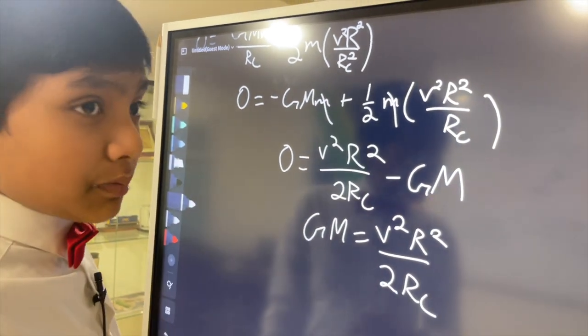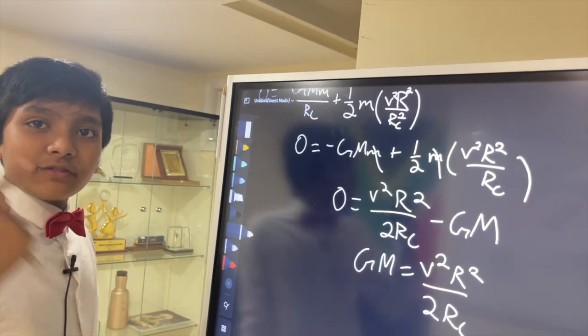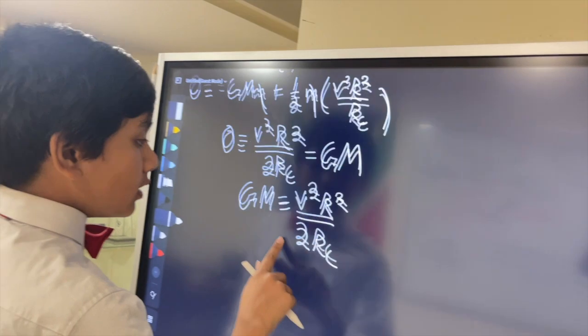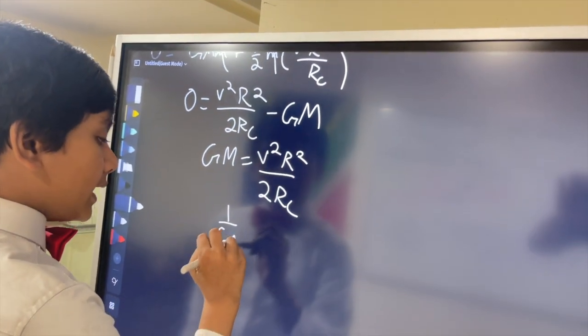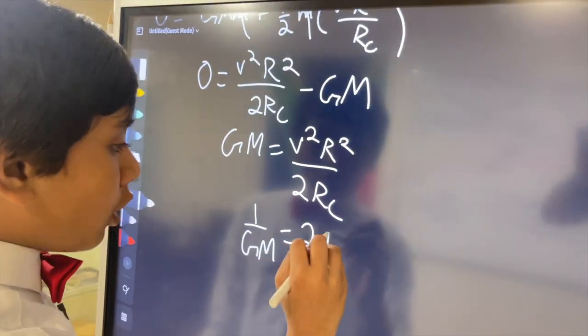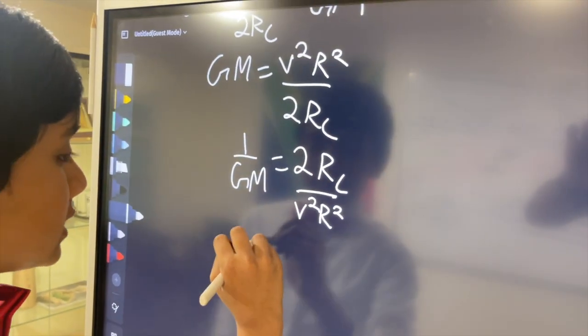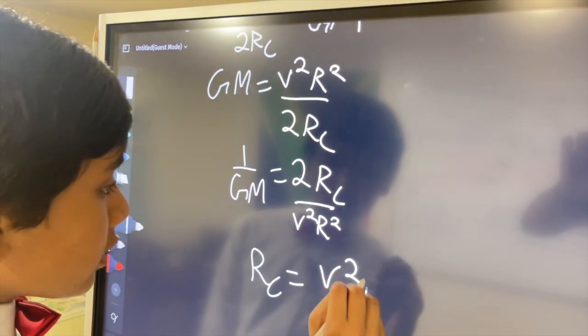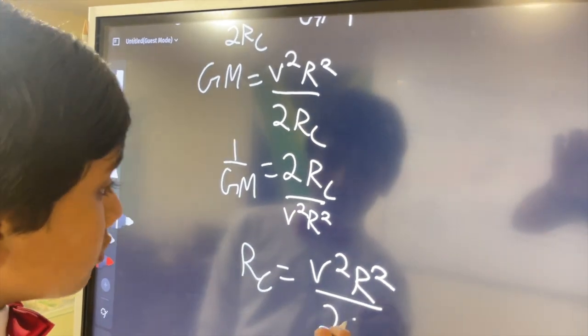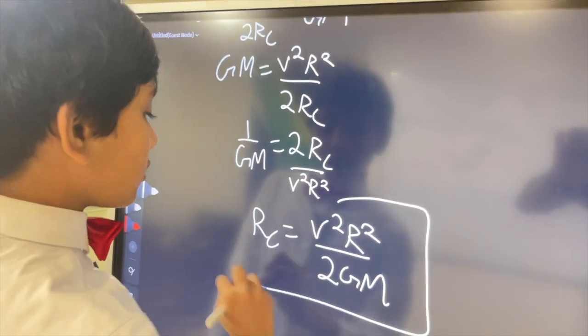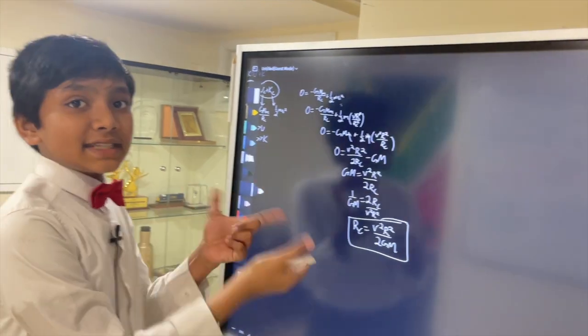I forgot the algebraic derivation part, so I'm doing all of this off the top of my head. And then 1 over GM is equal to 2RC over V squared R squared, which means RC is just V squared R squared over 2GM, which looks about right. Yep, and that's our answer.